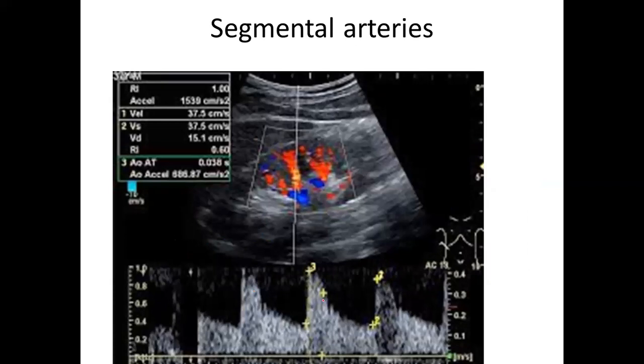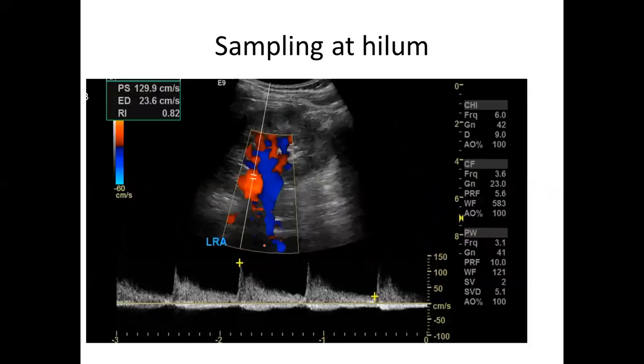Okay, this picture I put so that you can see the acceleration time there, which is 0.038. This is less than 0.07 seconds, which we said is the normal that we require to rule out stenosis in these segmental arteries. This was sampling at the hilum.